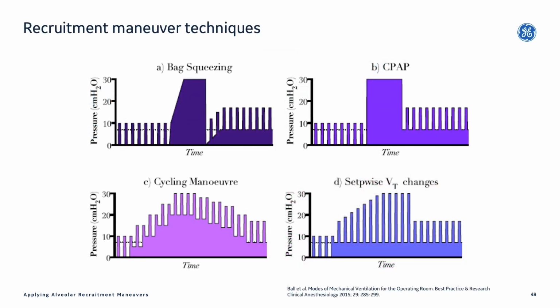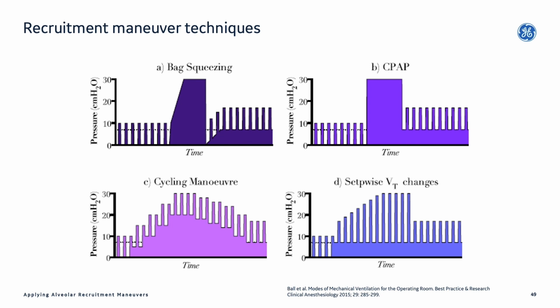A number of techniques have been described to produce a recruitment maneuver. On the top left panel on this slide, you see the bag squeezing technique. You can see that over time, as ventilation is being delivered, a large breath is delivered, here 30 centimeters water pressure for a certain period of time by squeezing the bag on the anesthesia machine.